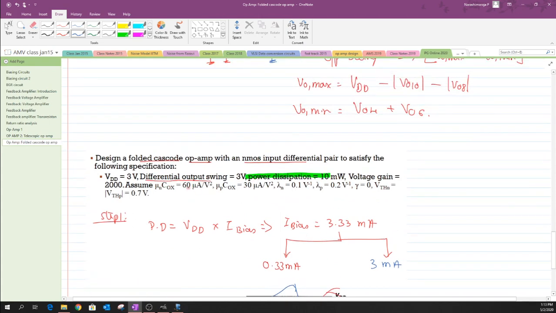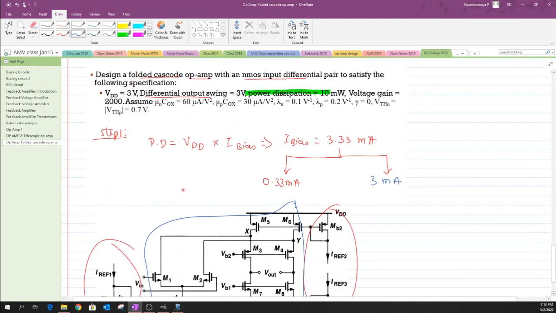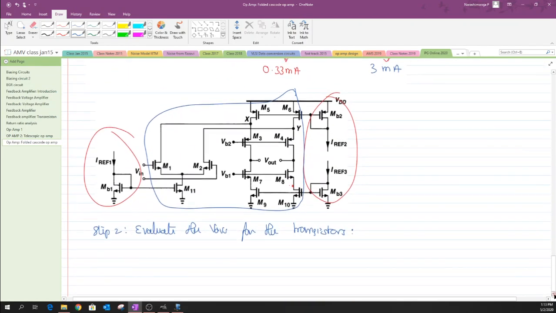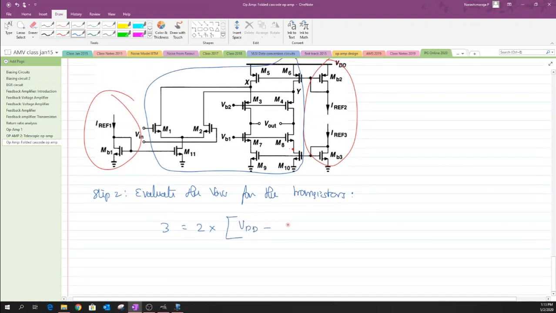From this spec one could directly evaluate it, so let us do the same thing. The differential output is given as 3 volt, and that is equal to twice the VO max, which here is VDD minus VOV 5, using this particular branch of M5 and M3, minus VOV 3.